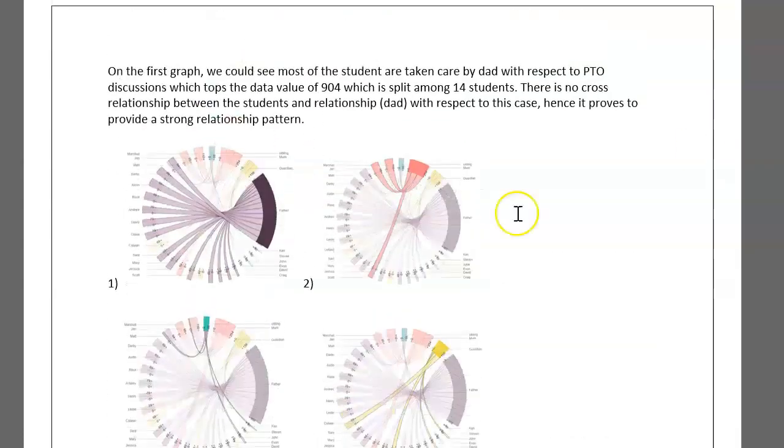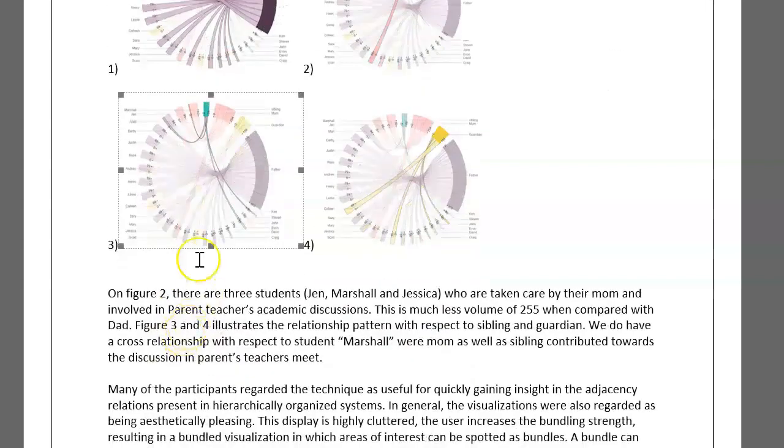And if you see here, this graph relates each and every type. The first one illustrates the father, the second one illustrates the mom, the third one illustrates the sibling, and the fourth one illustrates the guardian, showing how much contribution these people make in the parent teacher discussion meeting at school.